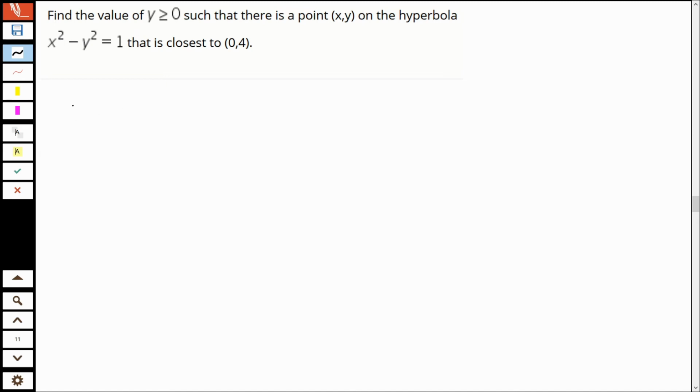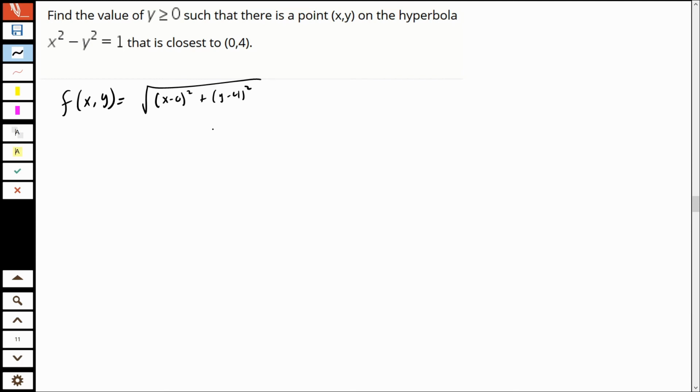Okay, so what do we want to minimize? We want to minimize our objective function. We want to minimize the distance from (x, y) to the point (0, 4).